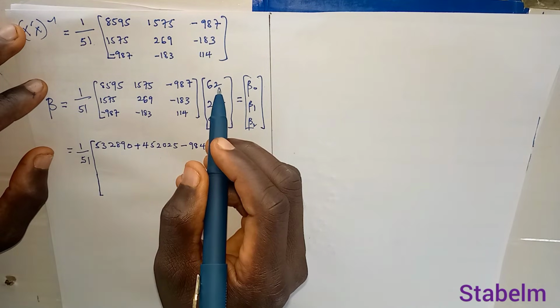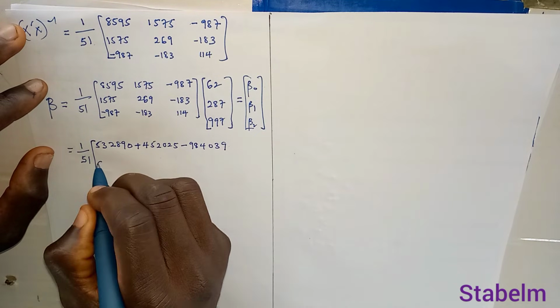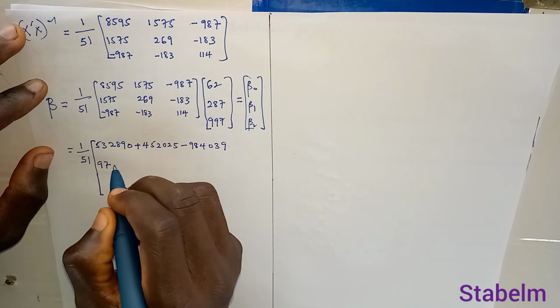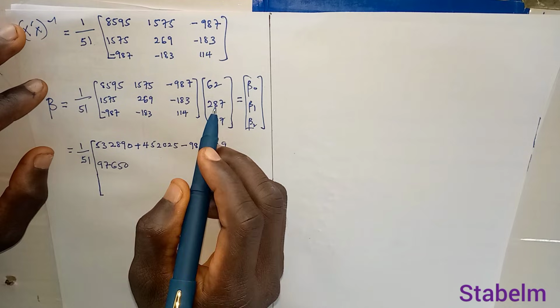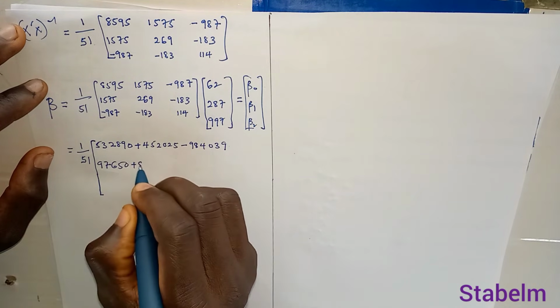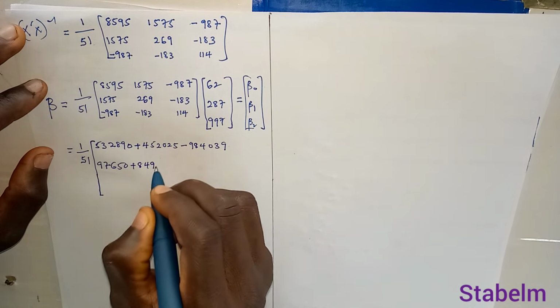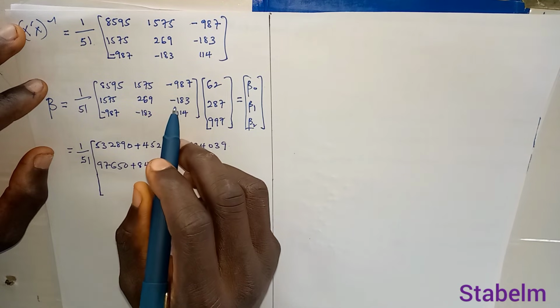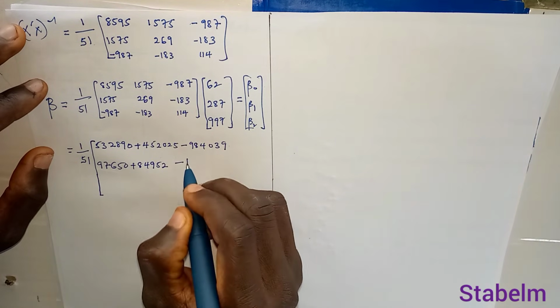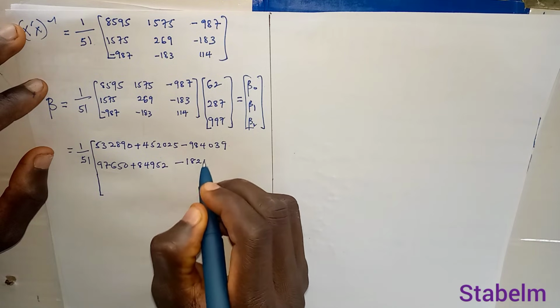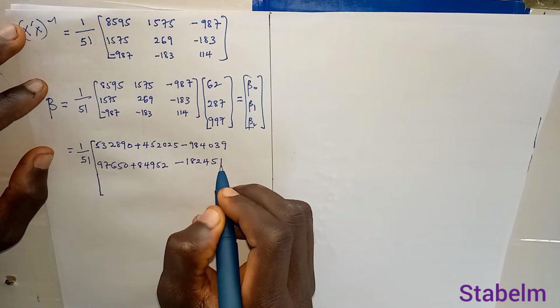The second part: 1575 multiplied by 62 will give us 97650. 269 multiplied by 287, we have plus 84952, minus 183 multiplied by 997, that will be minus 182451.